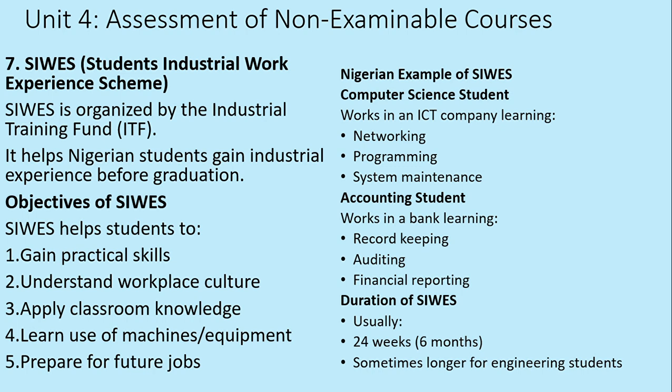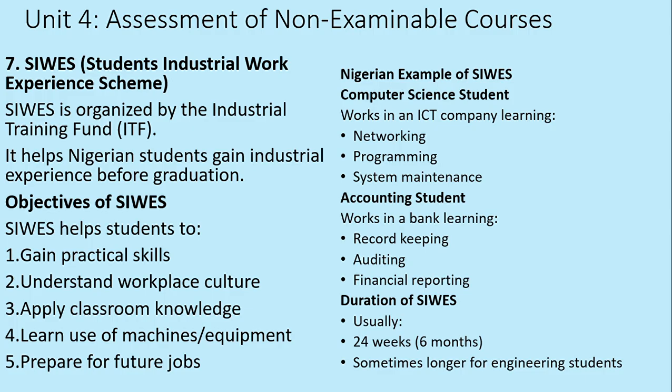Then the third one is apply classroom knowledge. So this is another objective of COS. You'll be able to apply your classroom knowledge. It's just like you have been watching how to punch on your phone, maybe you're learning boxing with your phone using YouTube to learn, but you have never punched anybody before.